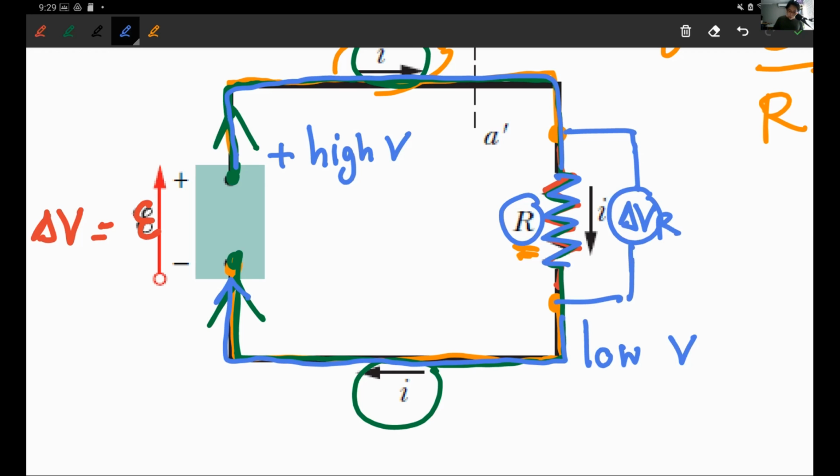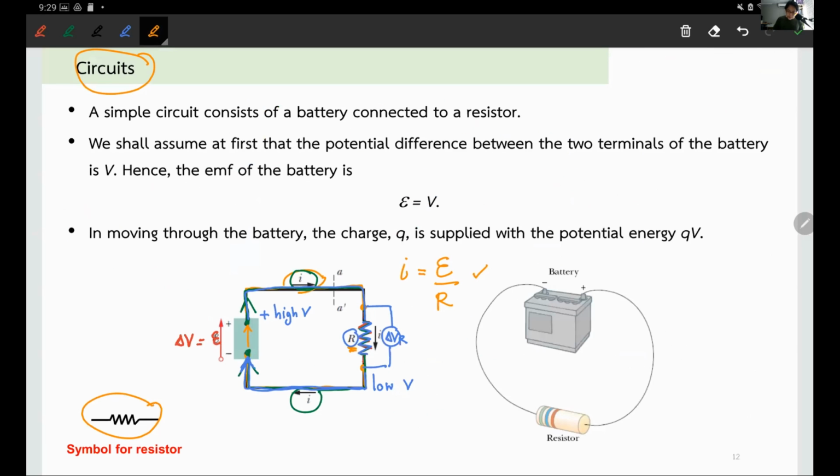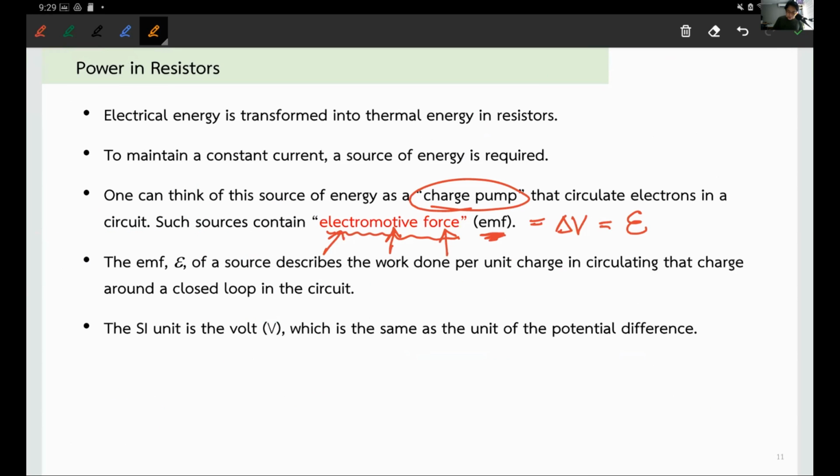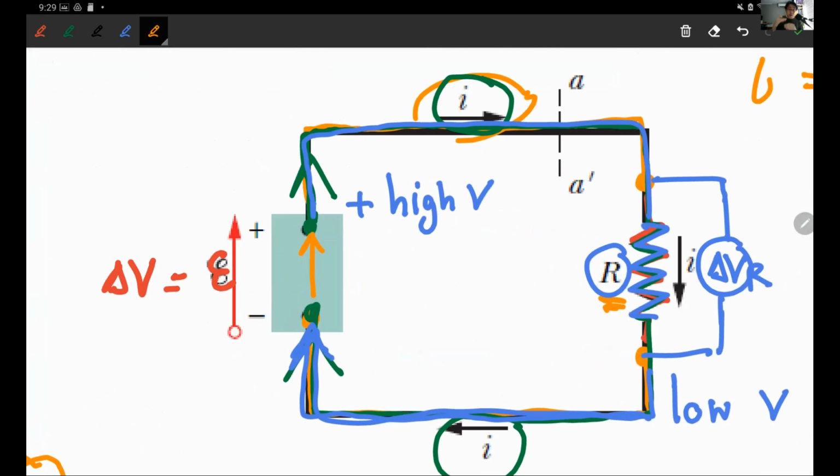Once you come out with the current at the lower potential, you arrive back at the negative end of the battery. The chemical process in your battery lifts you up again to a higher potential. That's why we say the battery is the charge pump. It's pumping the charge from a low V to a high V.